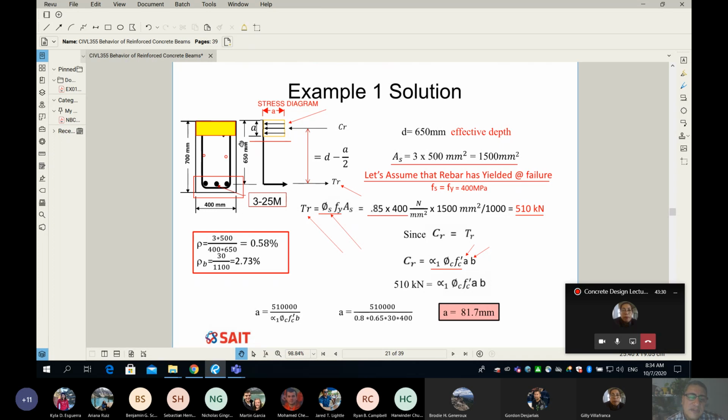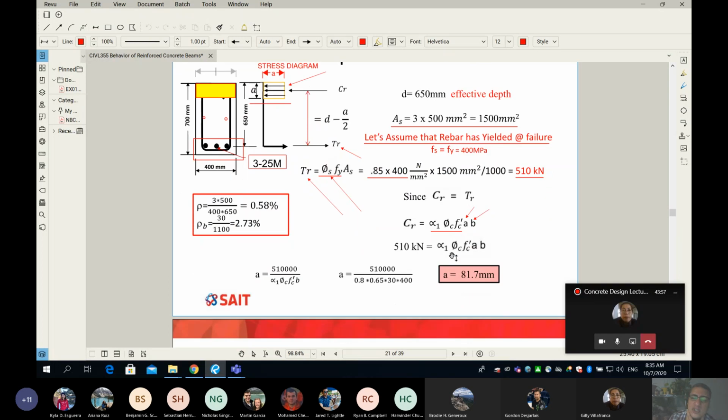And the dimension of this is what? It's simply the depth is A, and the width from here to there is equal to the width of your beam. So hopefully you guys can follow that. So you can see C sub R is equal to stress, which is alpha 1 phi c f prime c, multiplied by the area, and the area is here in yellow. The area is B multiplied by A.